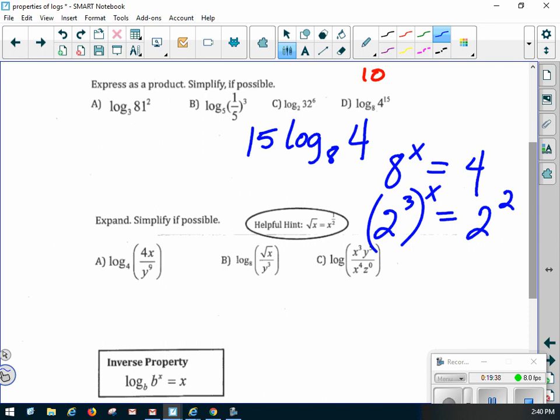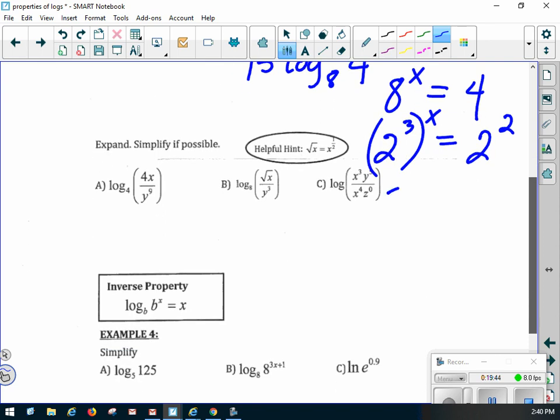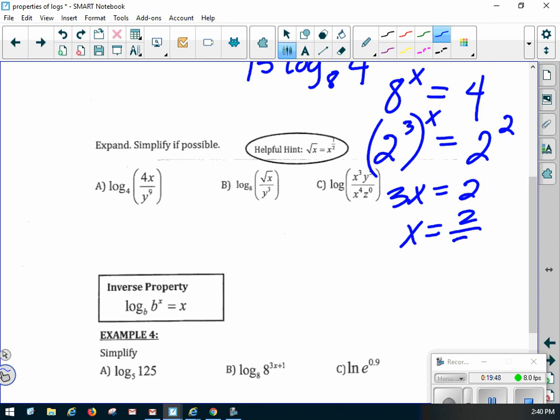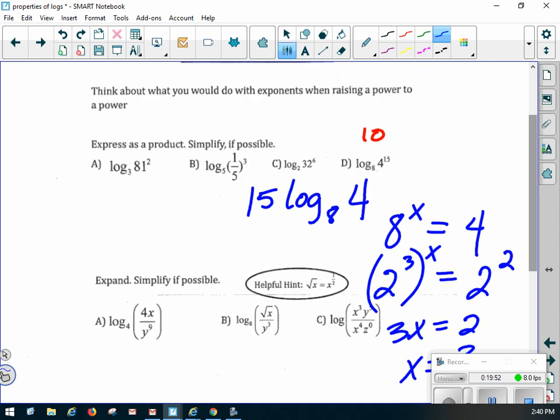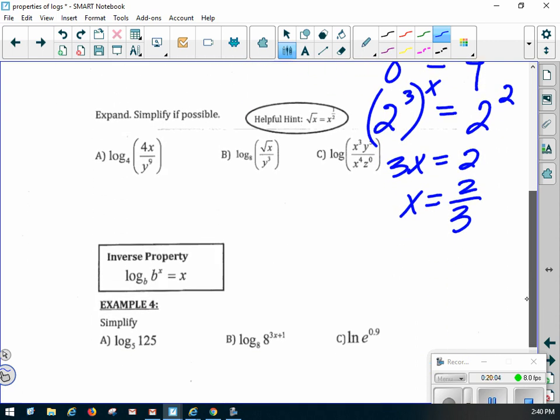It's not 3 over 2. 3x equals 2. X equals 2/3 times 15. And 15 times 2/3 is 10. I'm trying to show you different ways to do stuff, all right?